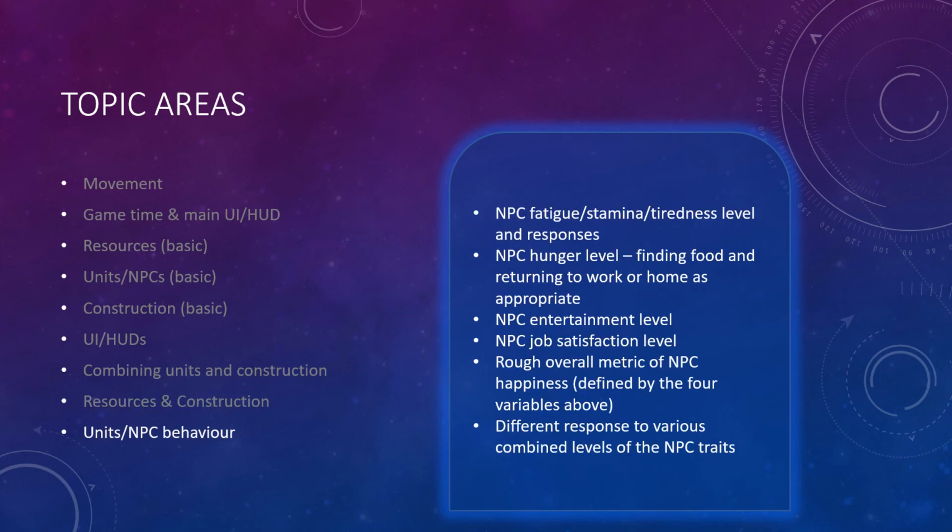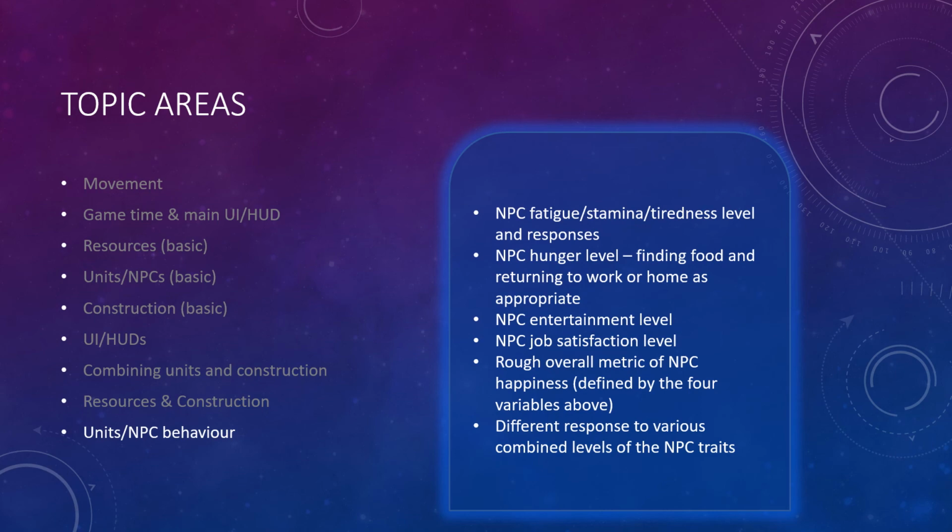And on top of this, we're going to then create more of a lifelike NPC. We're going to take 4 variables, and using these 4 variables, we're going to create a rough metric of the NPC's overall happiness. Now I realize the 4 variables I've selected, fatigue, hunger, entertainment, and job satisfaction, don't really in the real world equate to happiness.